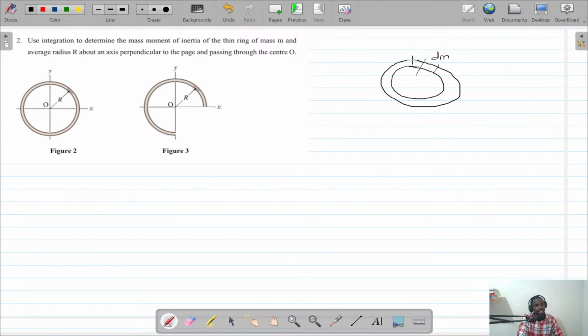Because this is considered slender, it has no thickness, so we are going to look at this as a slender rod that has been bent around like this. So we are going to find the linear density, dm over dl, instead of the volumetric density that we know. dm once again will be equal to rho dl.